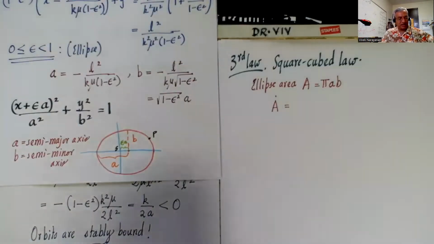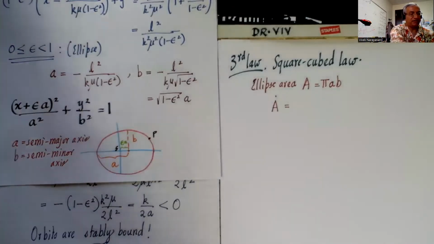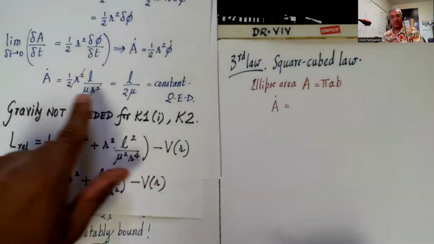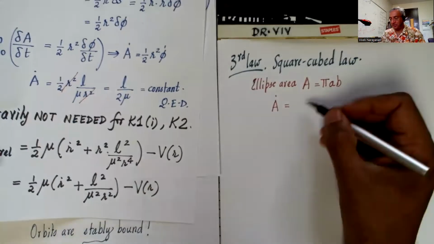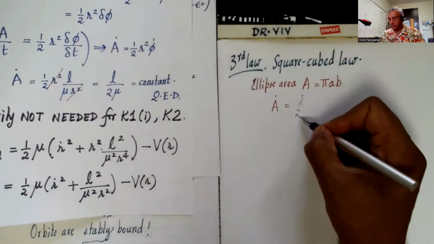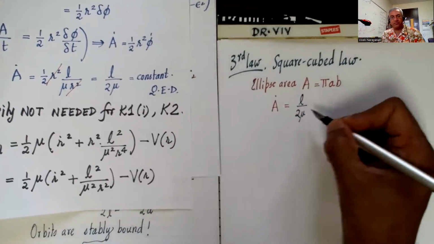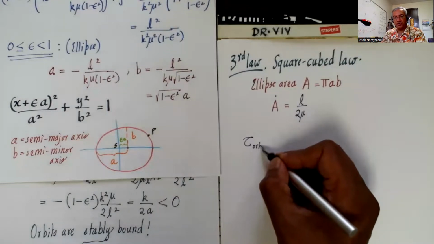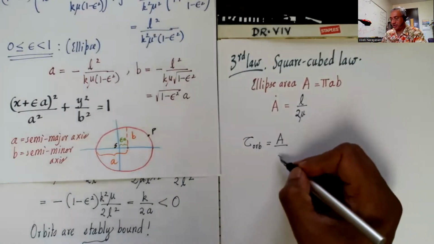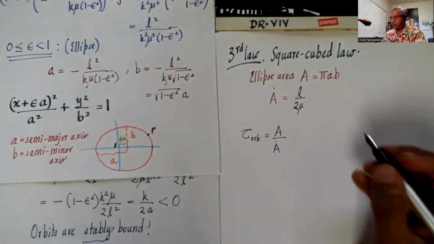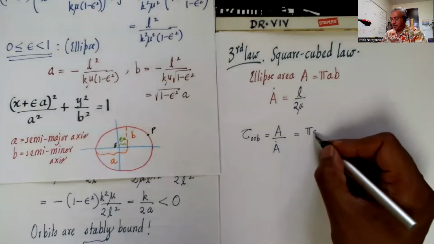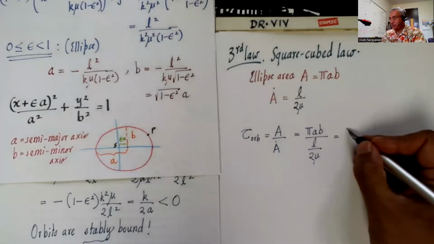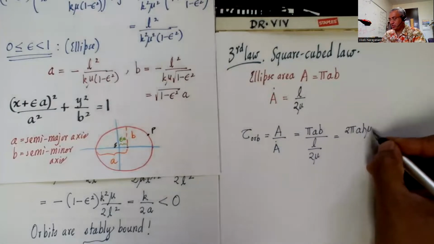But A dot, the rate of change of area, and the proof of that, there it is. Proof of K2, here it is. A dot is L over 2 mu. So let's grab that. Well, the orbital time, the time taken to orbit, is just the area divided by the rate of change of area. That's no doubt about that. So that's just pi AB over L over 2 mu, which is 2 pi AB mu over L.